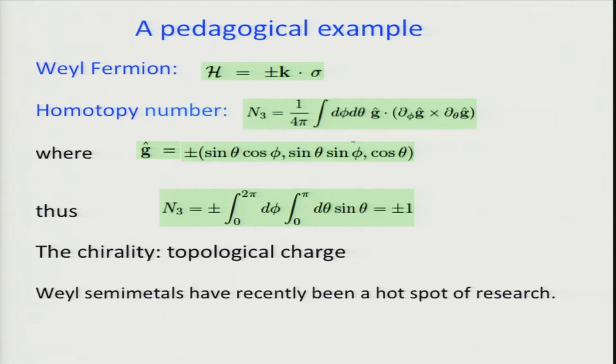You find +1 or -1. For the gapless system, I think they borrow some terminology from high energy physics. It's called the topological charge. While for the gapped system, we call it a topological number. Some also call this a winding number, conventionally.